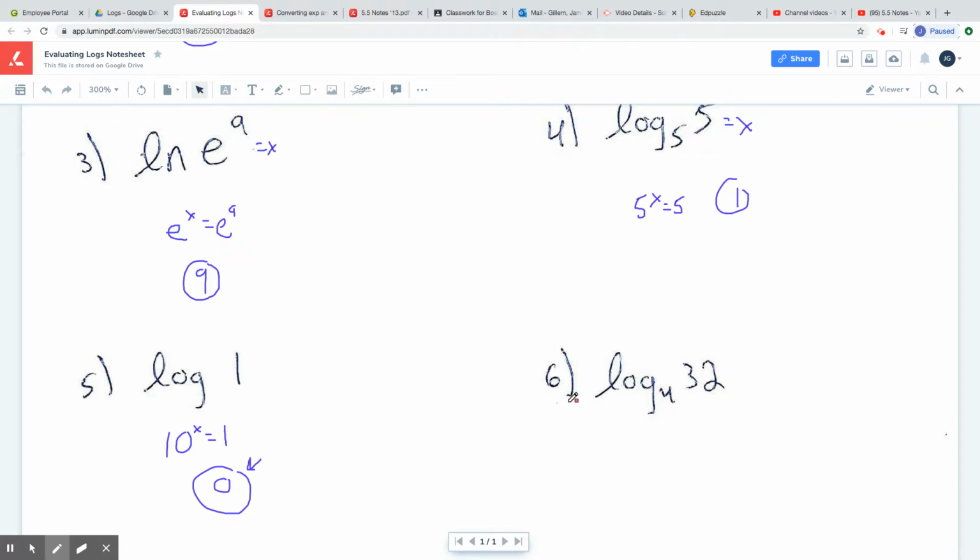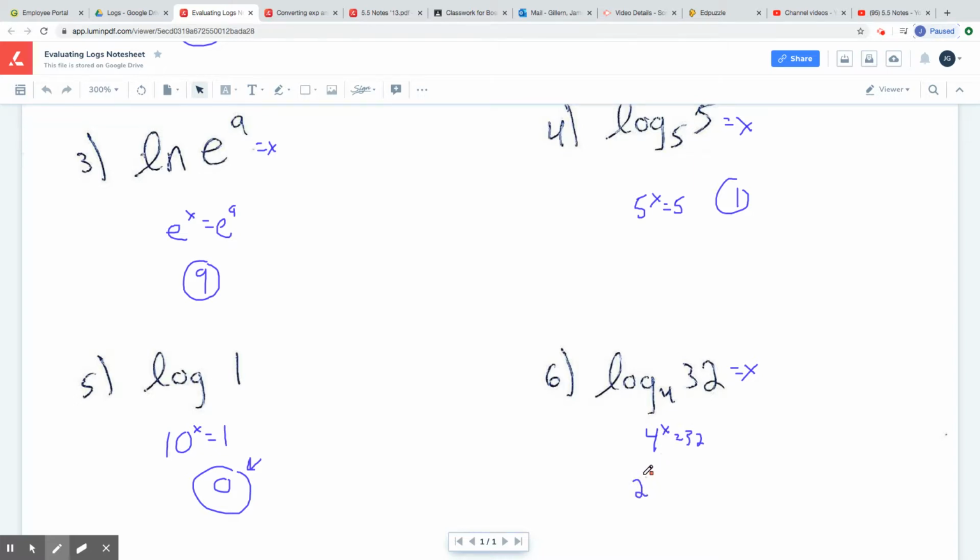All right, this one's a little bit trickier, so let's go through it. Let's at least set it up as an exponential. So it's 4 to what power equals 32. We'll get more to ones like this when we do exponential equations and log equations, but there is no whole number. 4 squared is 16, 4 cubed is 64. But how can I rewrite 4?